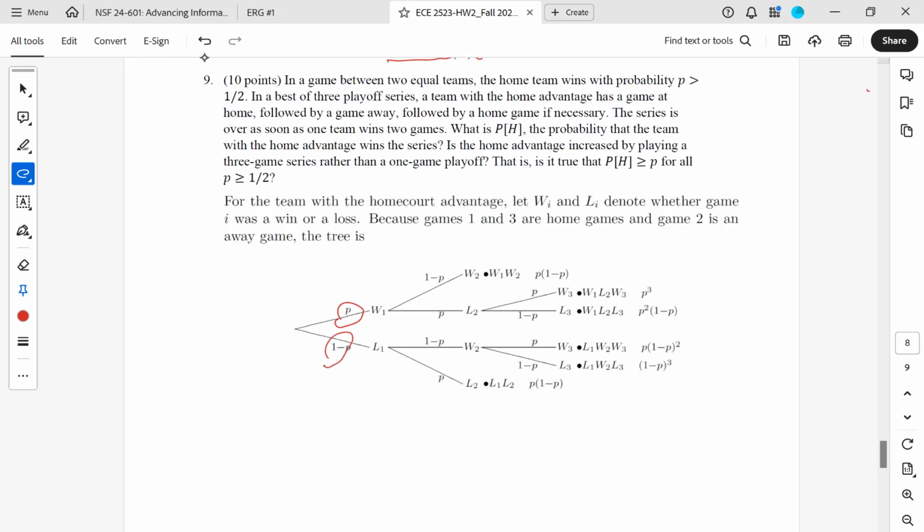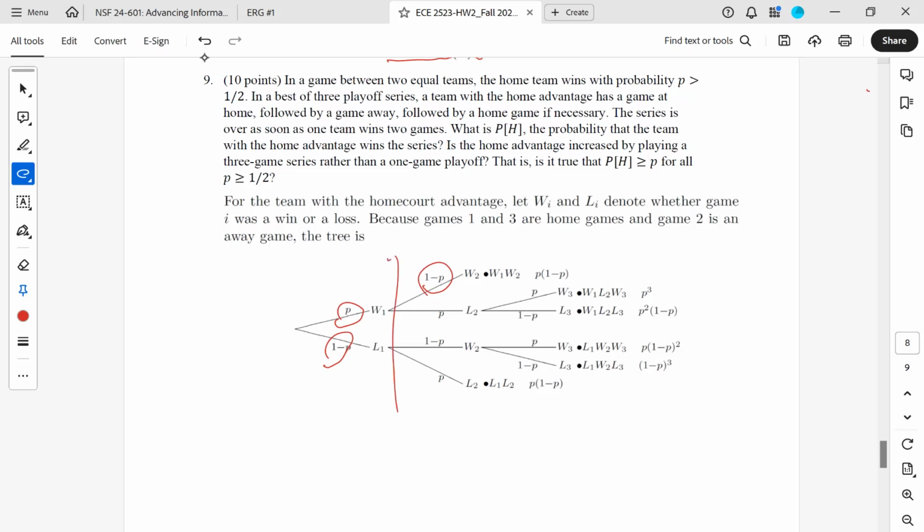Now, in the second game, the other team has a home advantage. Correct? So the possible outcomes of the second game are that the first team wins or loses. But here, because the other team has a home advantage, winning for the first team is going to be 1 minus p. Is that clear how we decide that?